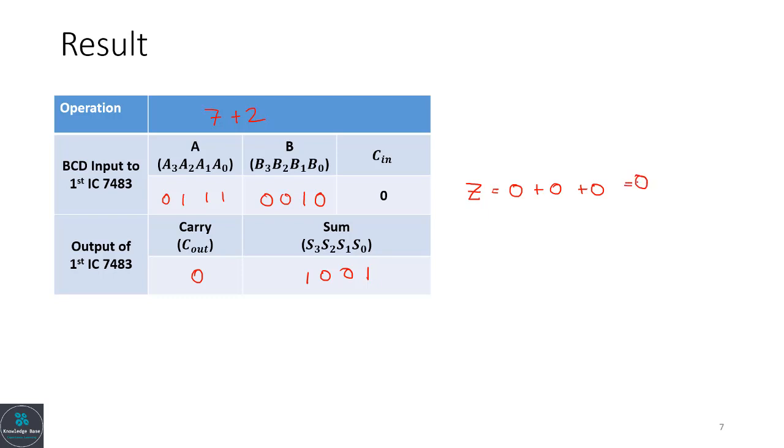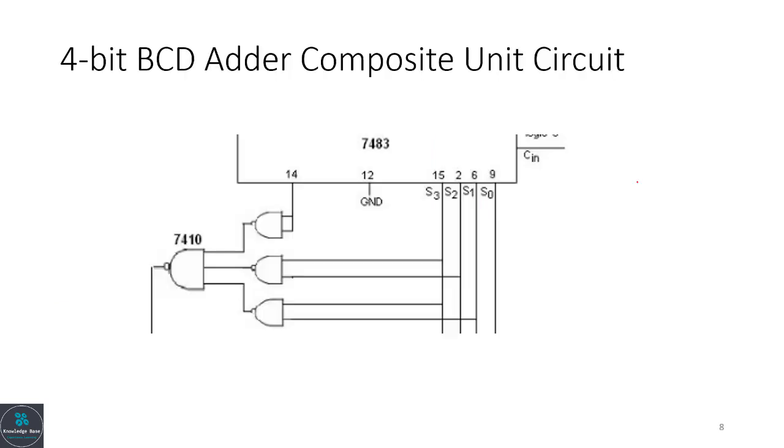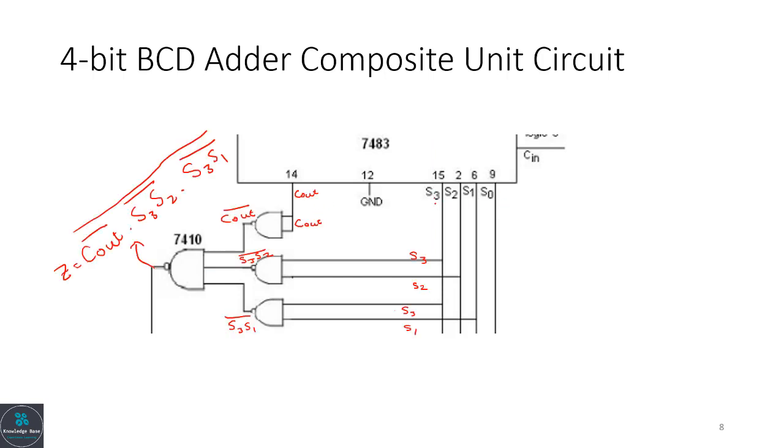Clear? So let us put that in the second part of this circuit. So what is the result? The result we are getting is 1, 0, 1, and Cout is 0. So here we are getting 1. Here we are getting 1, 0, so output will be 1. Here we are getting 1, 0 as an input, so output will be 1. So the NAND gate will have all three inputs 1, so it will generate output 0.